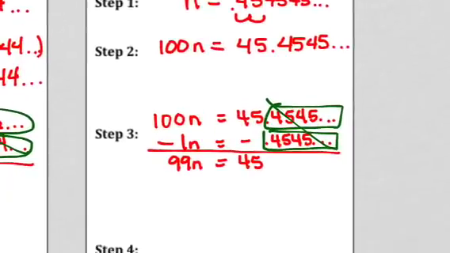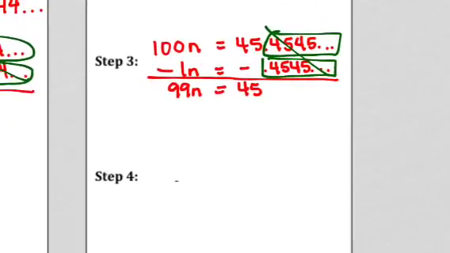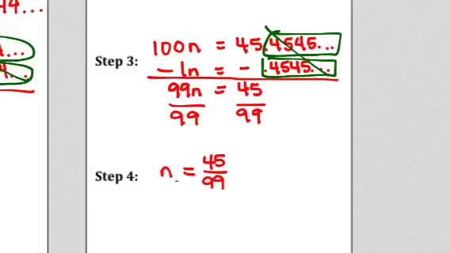Then we need to divide both sides by 99 to get the n by itself. So that leaves us with n equaling 45 over 99. But this time there is a number that goes into both 45 and 99.